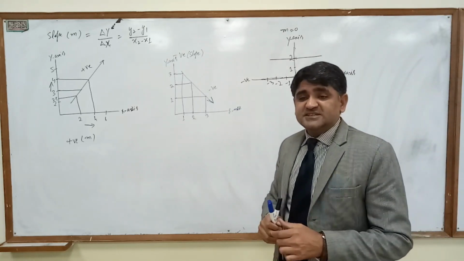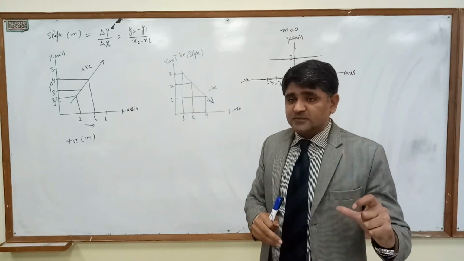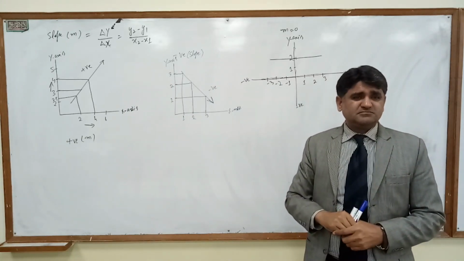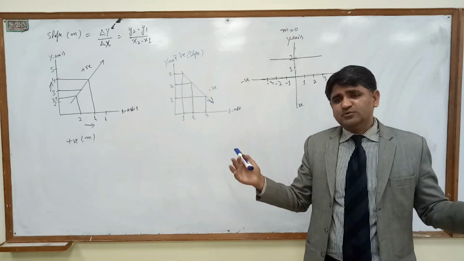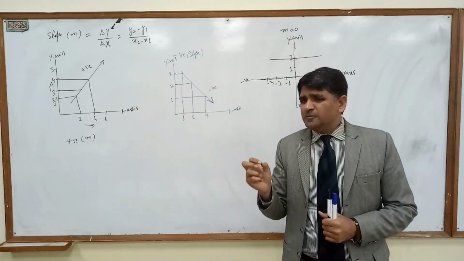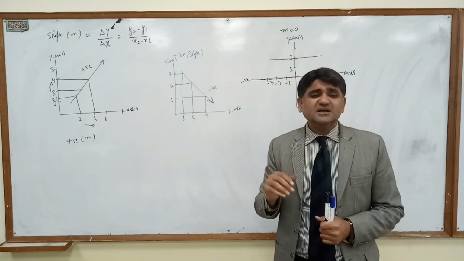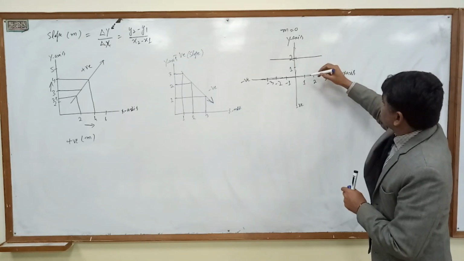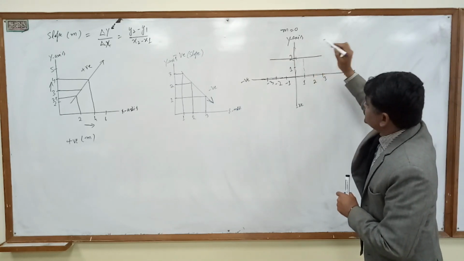What is slope? Slope is a proportionate change in output due to change in input. If we change input and output is not getting changed, slope is 0. There is a 0 slope. If the value of x is 1, output is 2.